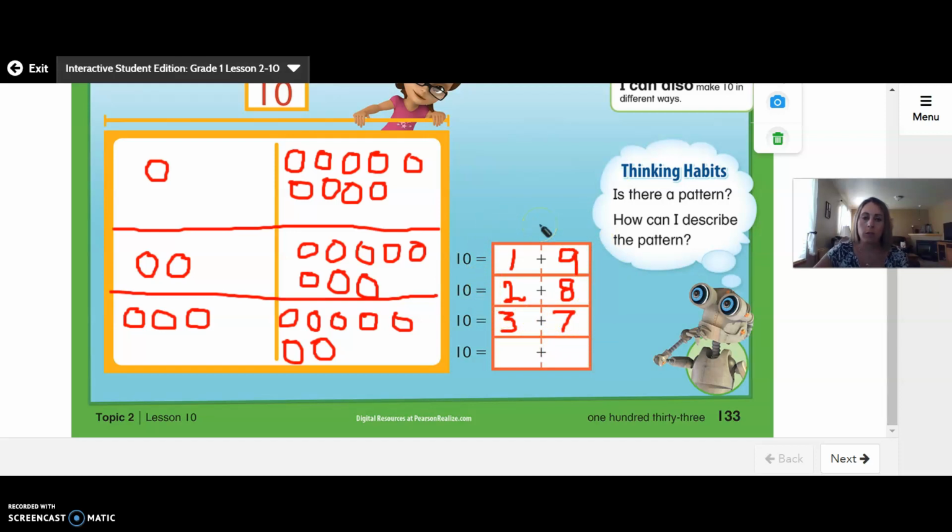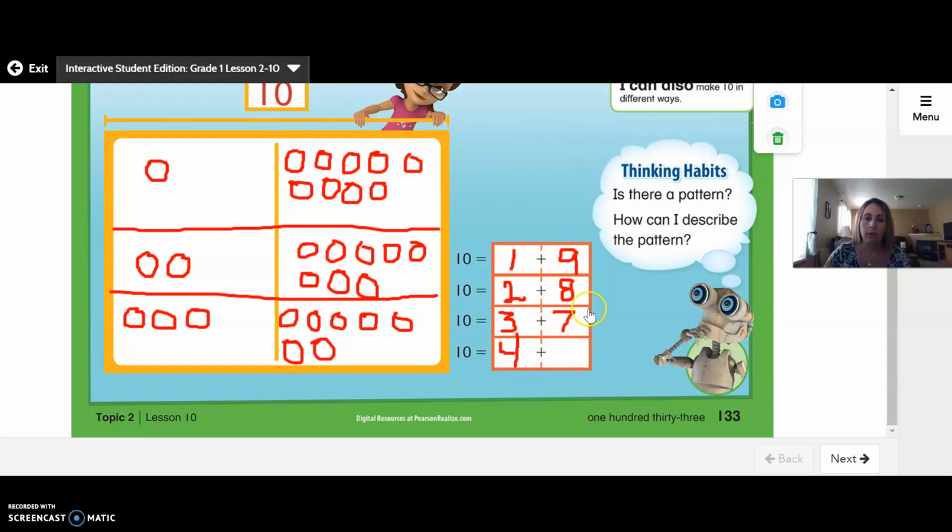And if you do, how do you think you could describe that pattern? Well, I see a pattern on this side of my equation, my pattern is growing by 1. It's counting up by 1. So it's going 1, 2, 3. If I were to continue that pattern, I bet I could write a 4 right here.